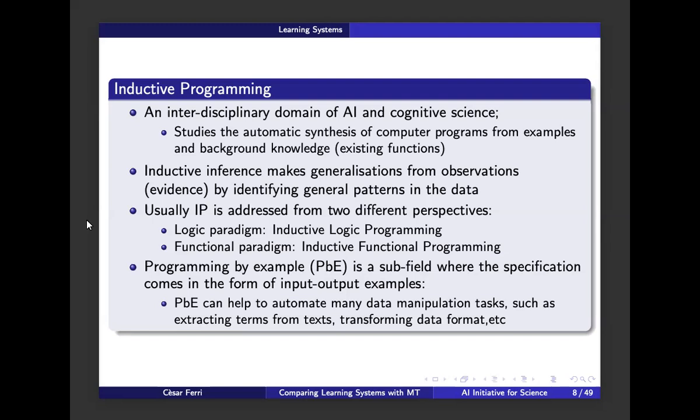The goal of this domain is to study the automatic synthesis of computer programs. So it's quite an old technique, mainly developed in order to build programs automatically from few examples. This inductive inference makes generalizations from observations, from examples, from evidence, by identifying general patterns in the data.